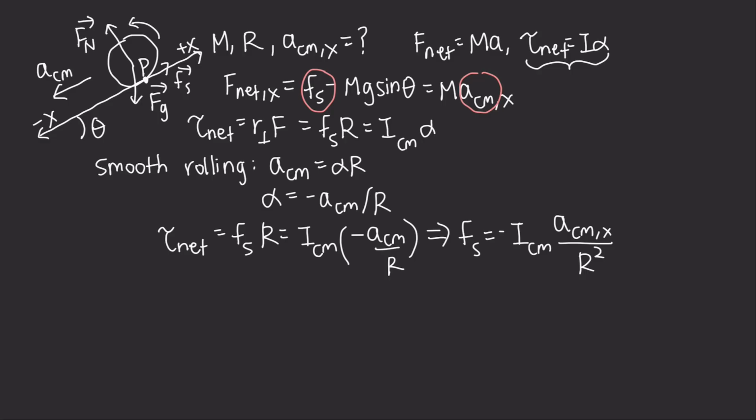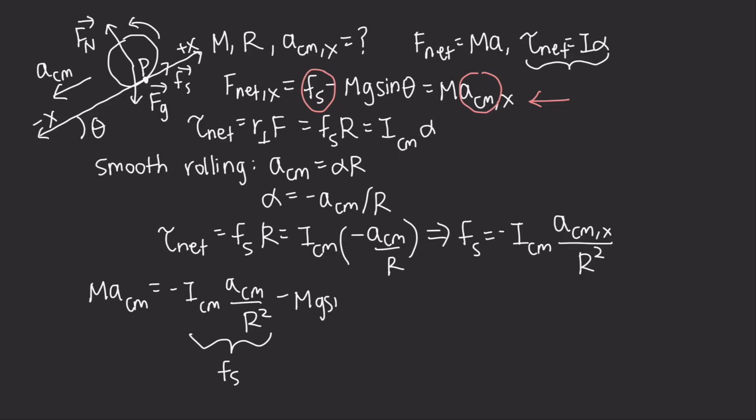and now we can substitute the expression for the static frictional force into the Newton's second law equation that we found for the translational motion over here. And then we're going to get that M ACM equals negative ICM ACM over r squared, because this is simply the f of s, and then minus mg sine of theta.